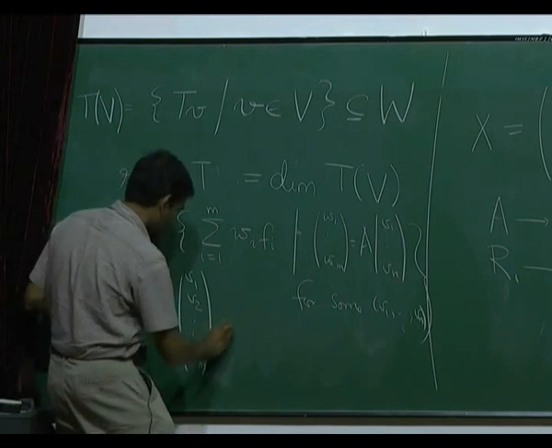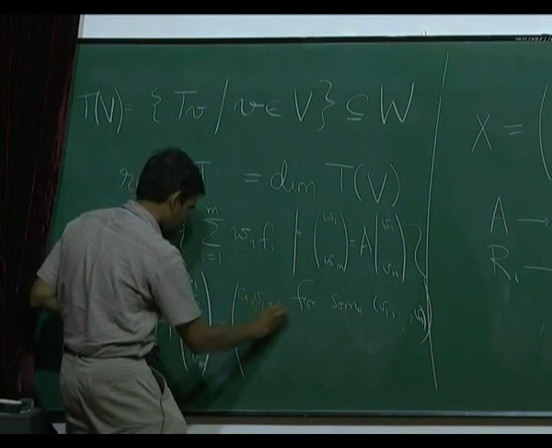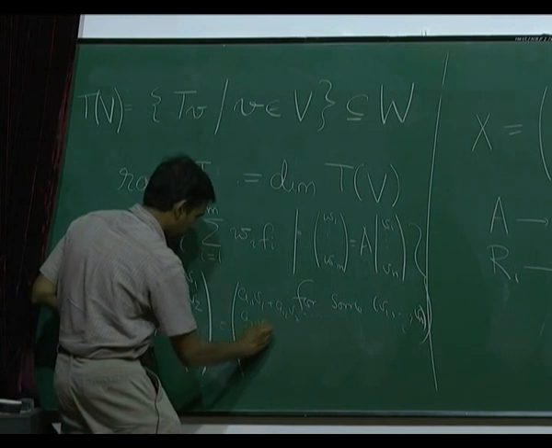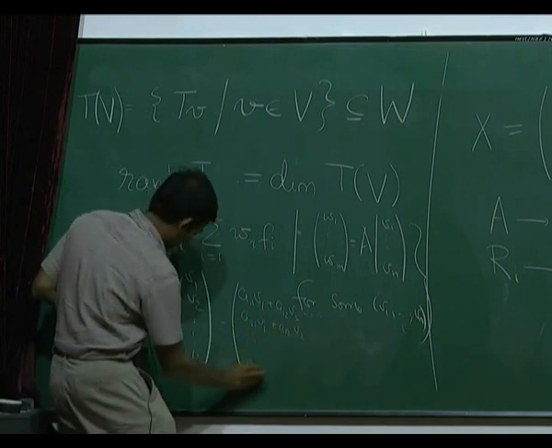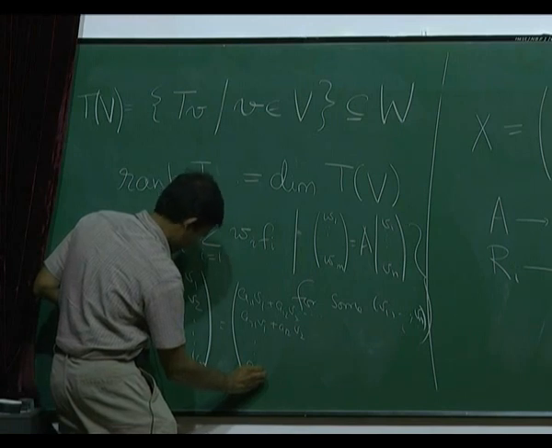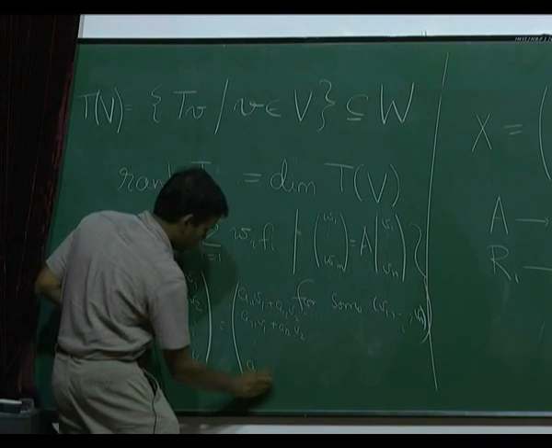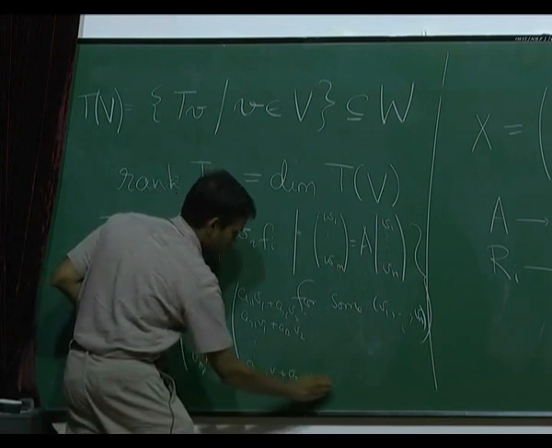The first entry will be a11 v1 plus a12 v2 and so on, then a21 v1 plus a22 v2 and so on, up to am1 v1 plus am2 v2.